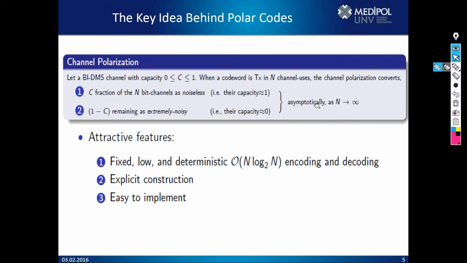So now let's go and talk in a more technical way about the polar codes and the basic fundamental feature that they have, which is called channel polarization. What's channel polarization?